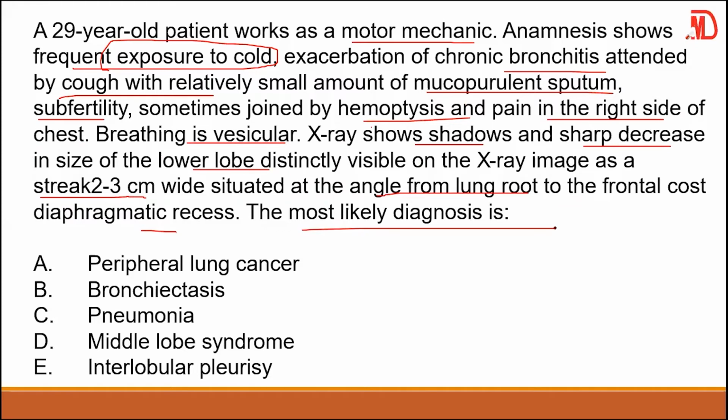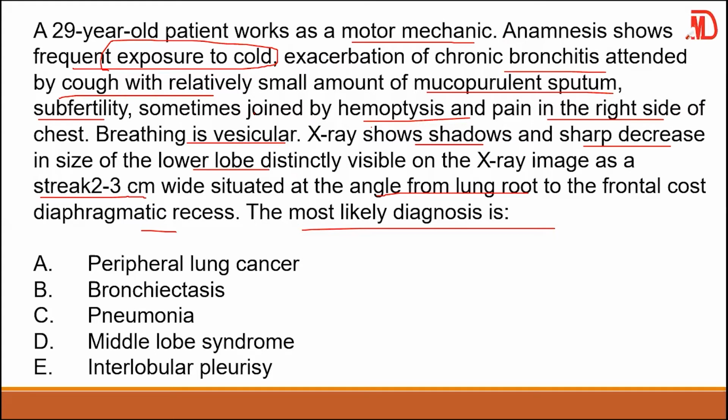So again, based on the presenting symptoms, you can think of possibly 3 differentials, okay? Peripheral lung cancer, tuberculoma, or pneumonia. These things can come to your mind. However, with the chest ray revealing this kind of globular shadow, you are definitely thinking of a cancer.